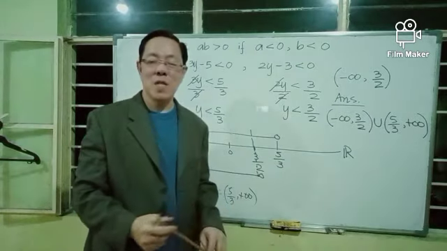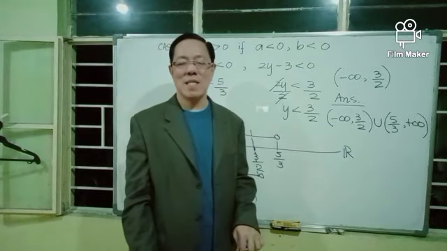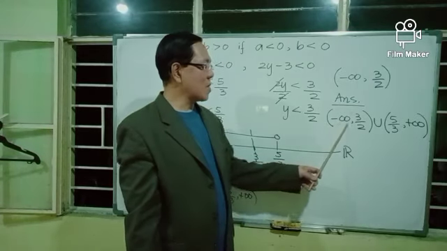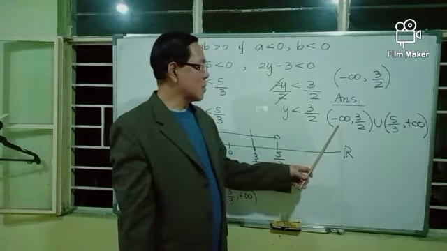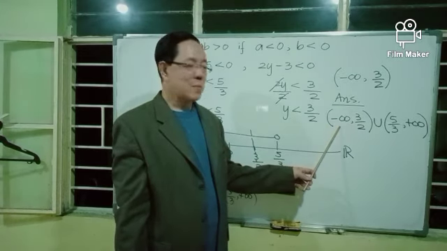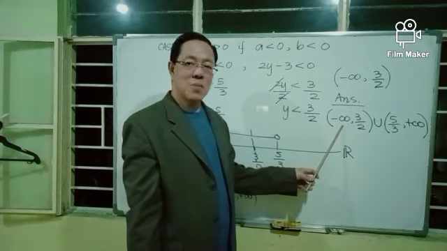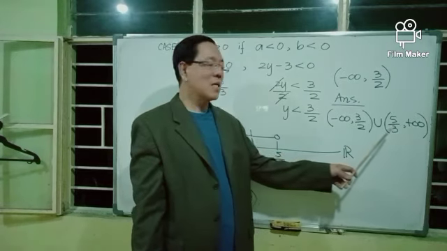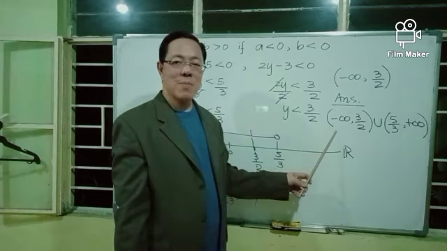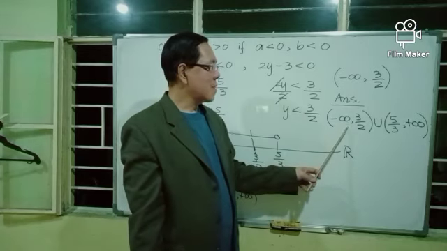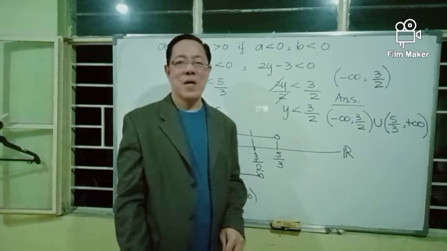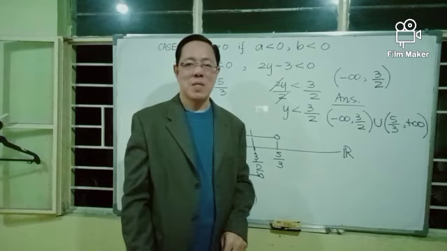The final solution now for the second quadratic inequality is the union of the solutions of case 1 and case 2. Of course, you may write the open interval 5 over 3 to positive infinity union the open interval negative infinity to 3 over 2, because union satisfies the commutative property.